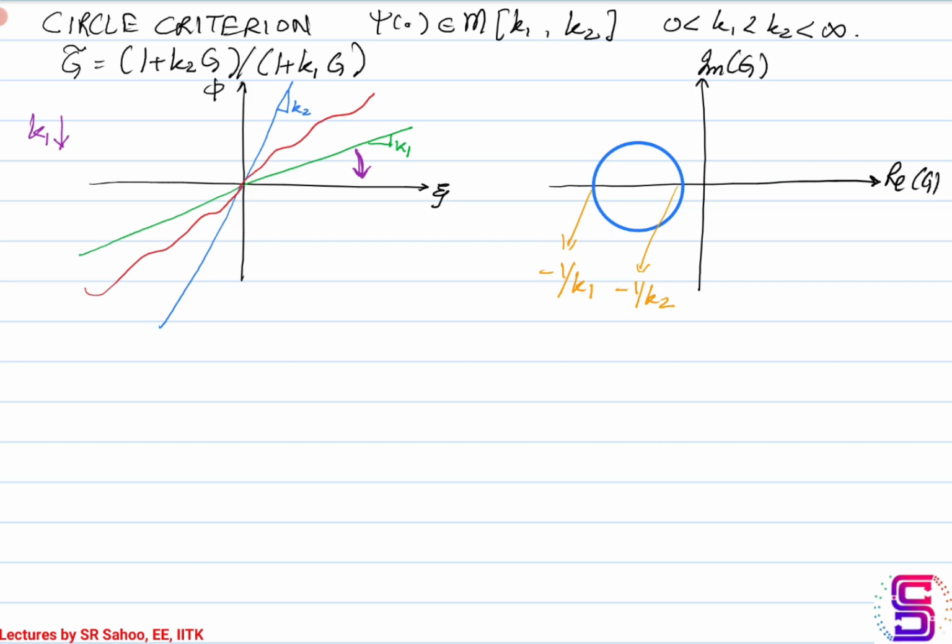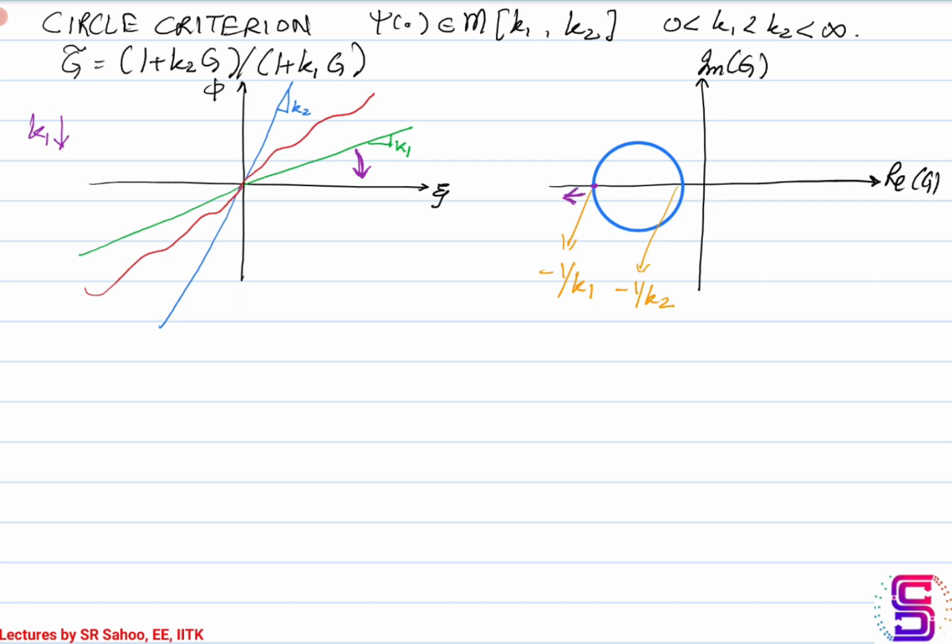So what would this mean? The magnitude of 1 by k1 increases, which essentially means that the -1 by k1 point moves further to the left. So with decrease in k1, this point starts moving further to the left.